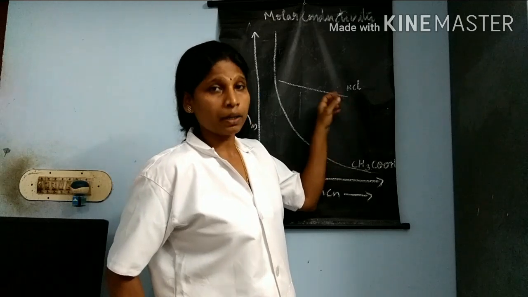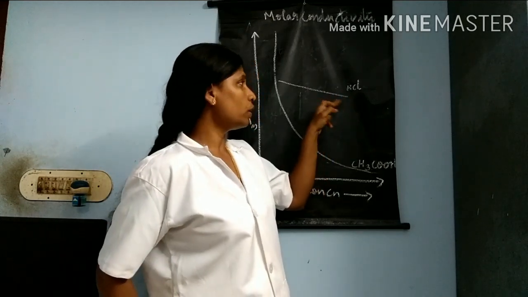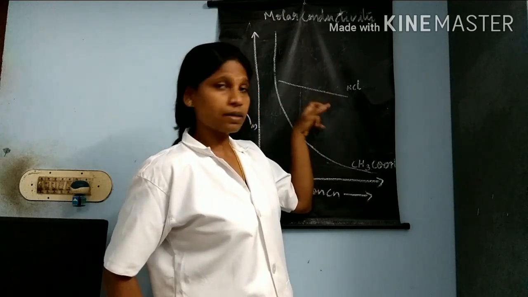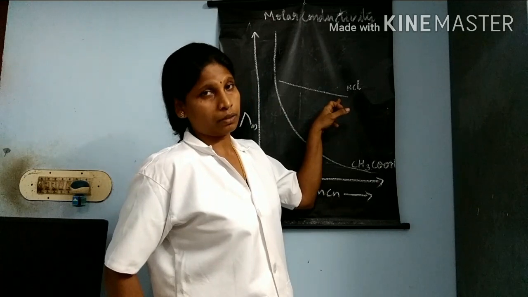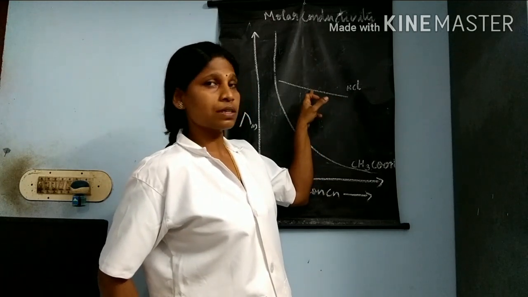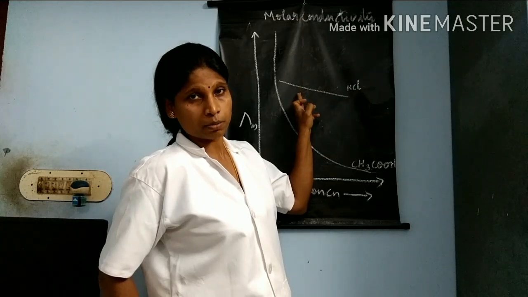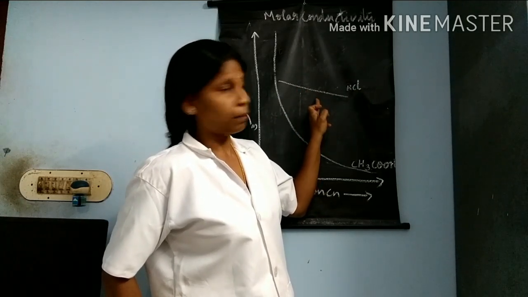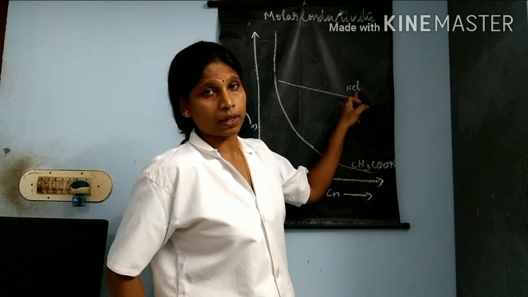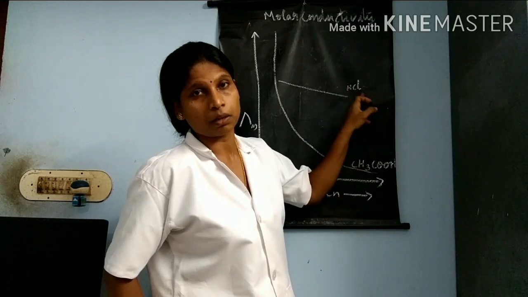If you are adding water, that means we are diluting this HCl. Therefore, on increasing the dilution, the molar conductivity increases very slowly. Here we can see a slow increase because the number of ions remains the same. That means HCl is a strong electrolyte, and at any concentration the ionization is complete.